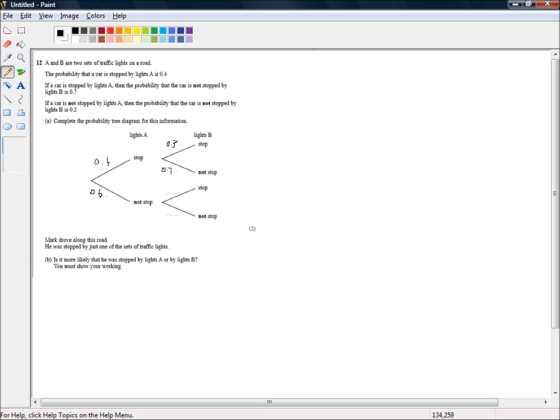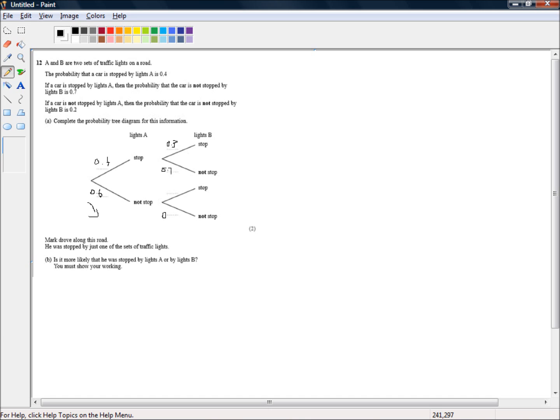And now we're told if a car is not stopped by lights A, then the probability that the car is not stopped by lights B is 0.2. Let me just read that again to get it clear in my mind. If a car is not stopped by lights A, so that's coming down here, then the probability that the car is not stopped by lights B is 0.2, so that's here.